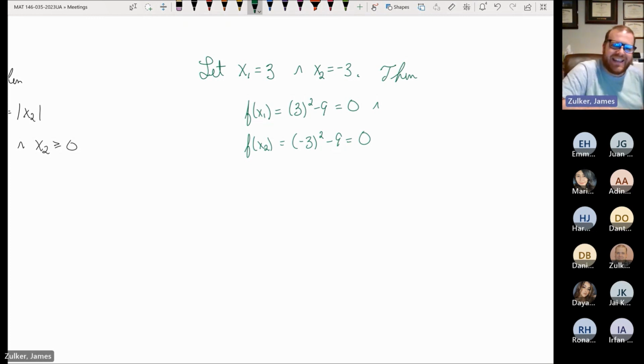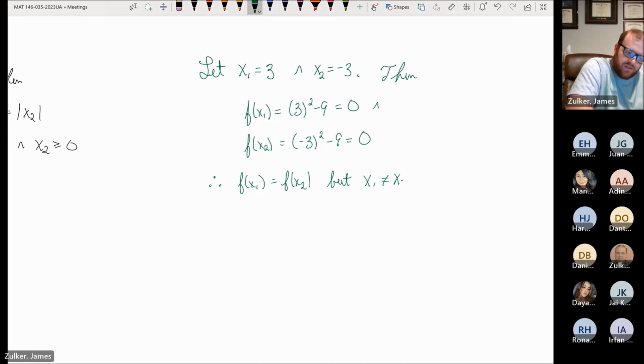So what we just did here is found a counterexample. Well, if x2 is 4, then you'd get 16 minus 9, which is not 0. So that's not a counterexample.